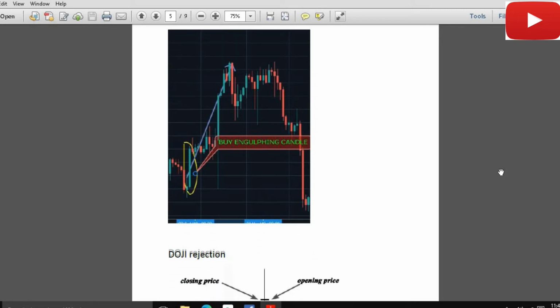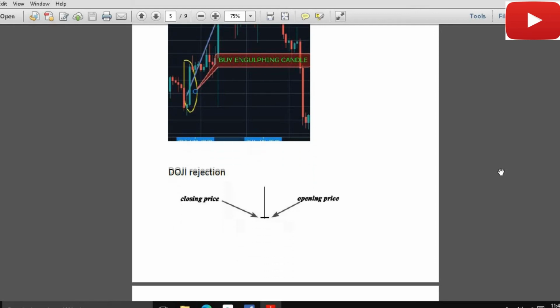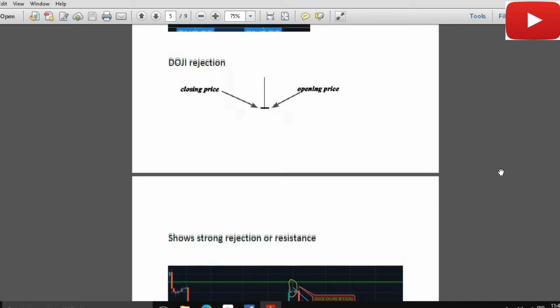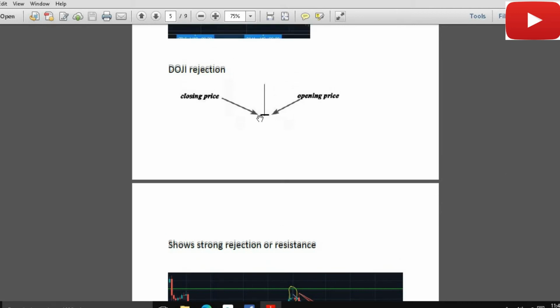Then we are going to talk about the Doji Candle. When you identify a Doji Candle, this is a candle with a long shadow and a very small body. This is a Doji Candle. The psychology behind a Doji Candle is that buyers were very strong, they got aggressively rejected, and a sell came in.